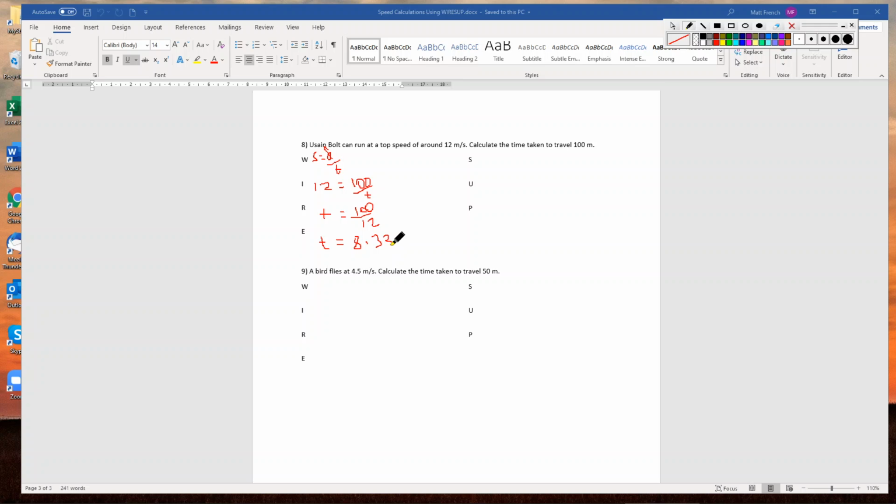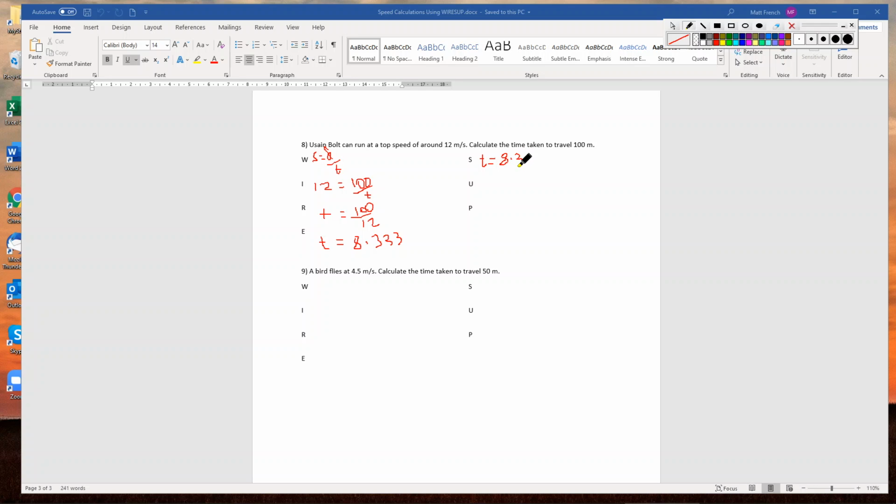Now, we don't want to see this recurring number in physics. So you might write down a little bit of it here before we consider the significant figures. What do we want? Well, we've got 2 sig fig here, and we've got maybe 1, 2, or 3 sig fig there. The smallest number that we're definitely sure of is 2. We want this to two significant figures. So time is 8.3.